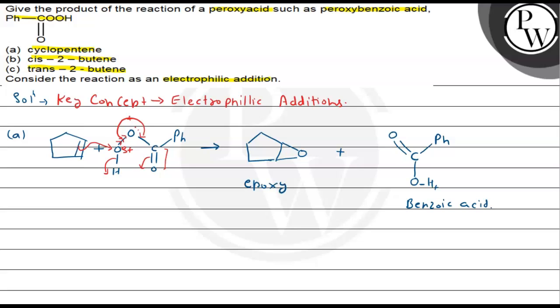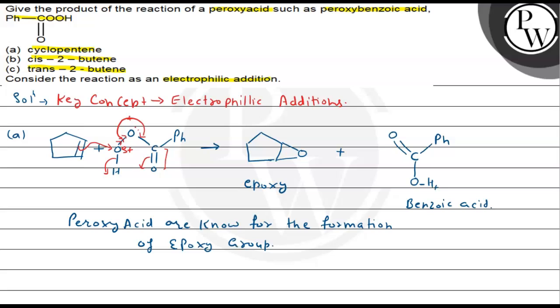So basically peroxy acids are known for the formation of epoxy groups. This mechanism will also be used in the B and C parts of this question.